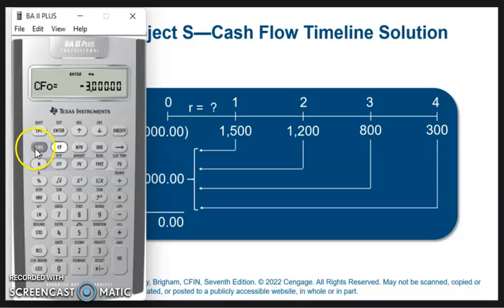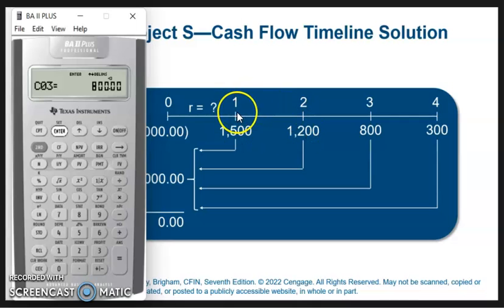Now, second cash flow, second clear. So now 3,000, their initial cash flow. Enter or cost. So C01 is the 1,500. Enter. C02 is 1,200. Enter. C03 is 800. I'm going down arrow. I go once from CF0 to C01.